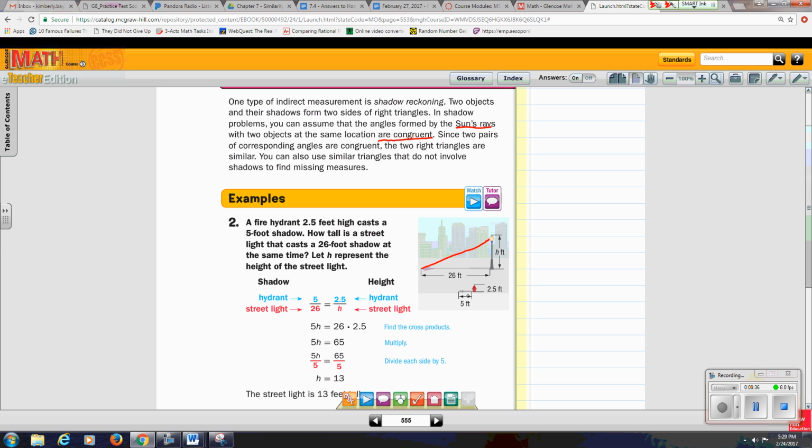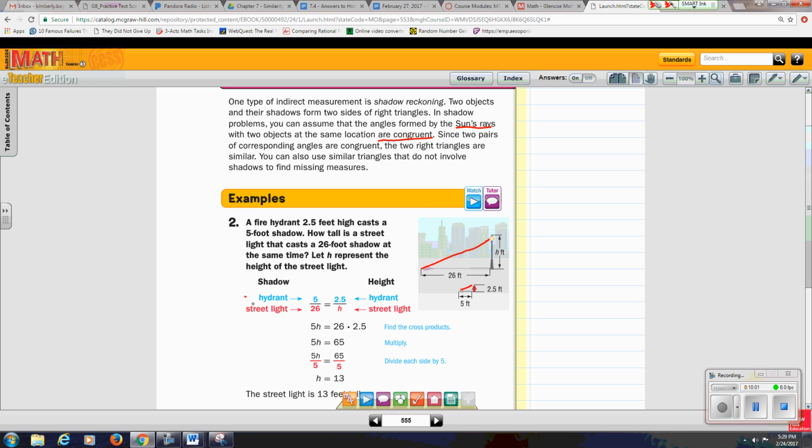We're not actually going to use the hypotenuse. We're just going to use the two legs. But we know that they are proportional, because these are in the same angles. We have the angle of the sun, and we have the angle of 90 degrees. So we're going to set a proportion, and it doesn't matter which one you do first. They chose to do the hydrant to the street light.